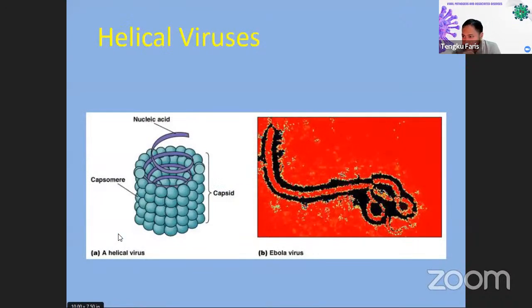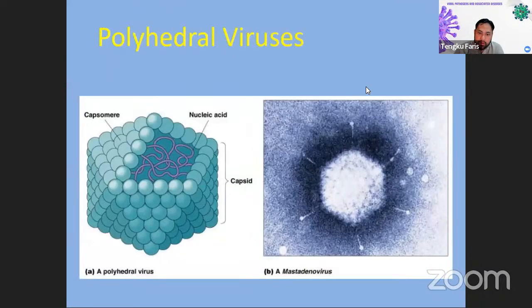So we look specifically at each of these viruses for you to further understand the real structure, and also some illustrations that have been provided. You can see the helical virus. You have the capsomere on the outside. The capsomere is the small subunit that makes up the capsid. And inside the capsid, we can find the DNA or RNA. So this is the helical virus, for example, Ebola. Ebola is classified under helical viruses.